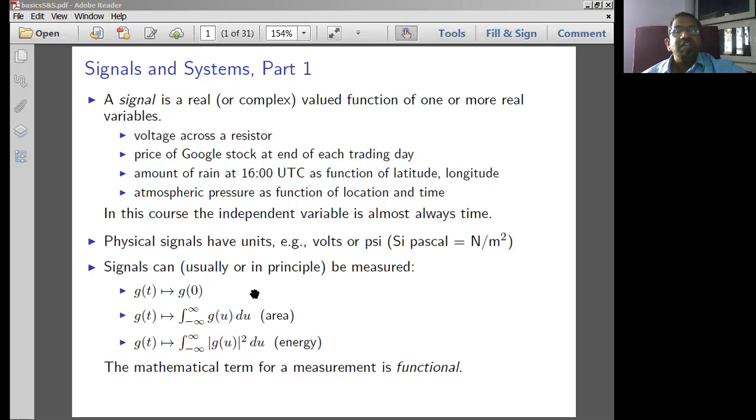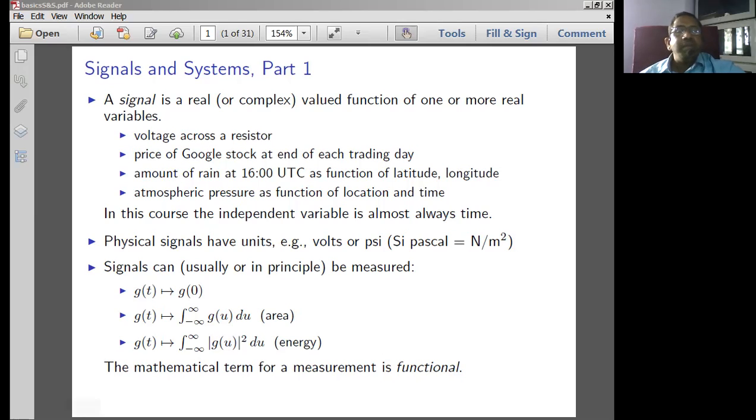So that means a signal is normally measured and people give a value to a signal. Say 2 volts, 10 volts, 15 volts in case of a voltage. In case of current, 0.5 amperes, 1 ampere, 2 amperes, 3 amperes, whenever a signal is in terms of current. So like that, signals can be measured by giving some values.